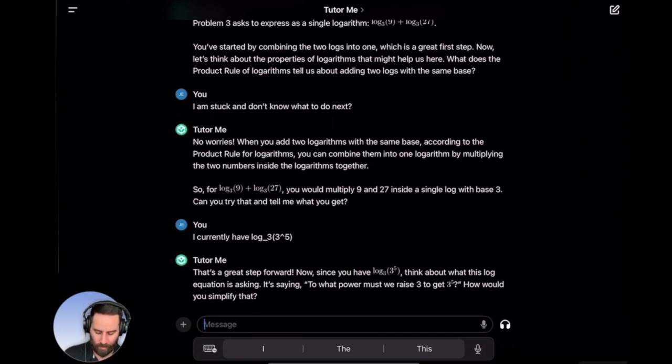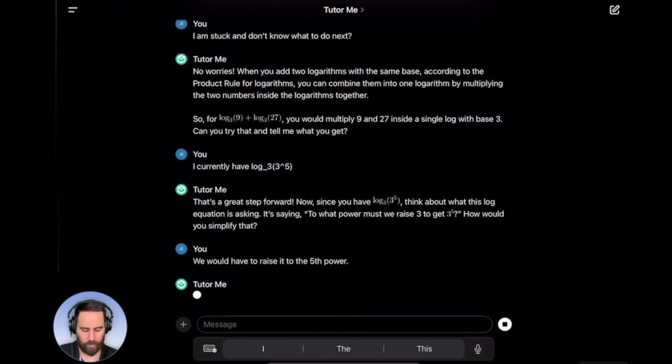So 3 to the x equals 3 to the 5th, so x would have to equal 5.